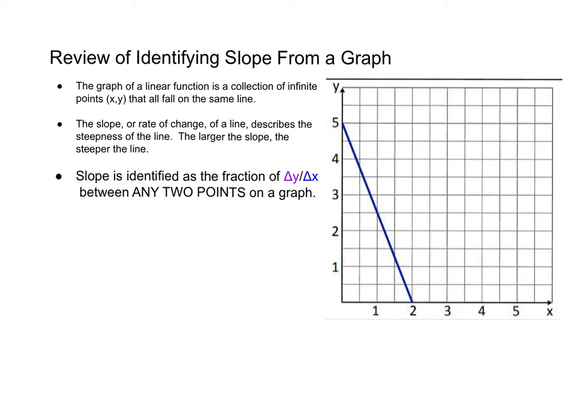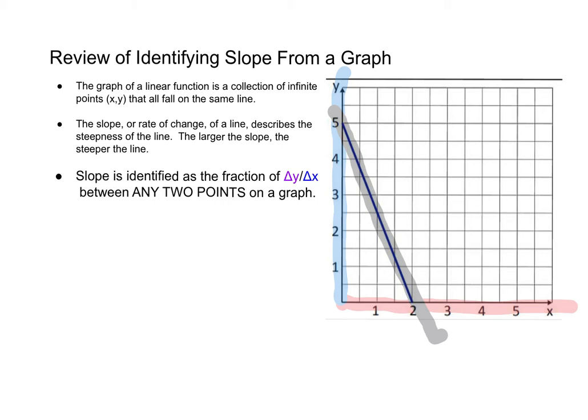You input x's, you get a corresponding y output. All of these points fall on the same line. So in this graph right here, we have all of our x values, then we have all of our y values, and then we have this function that is graphed. It is a collection of x's and corresponding y's.